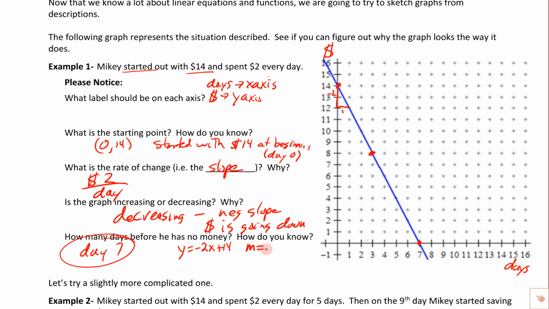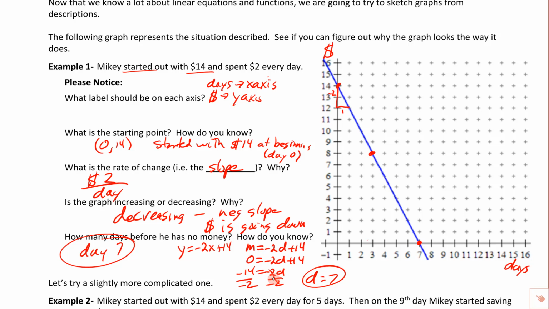The money that he has is -2 times the number of days plus 14. And then we want to know when he has 0 money, so we could solve this. We're going to subtract 14 from both sides, and then divide by -2. If we cancel this off, we get D equals 7.